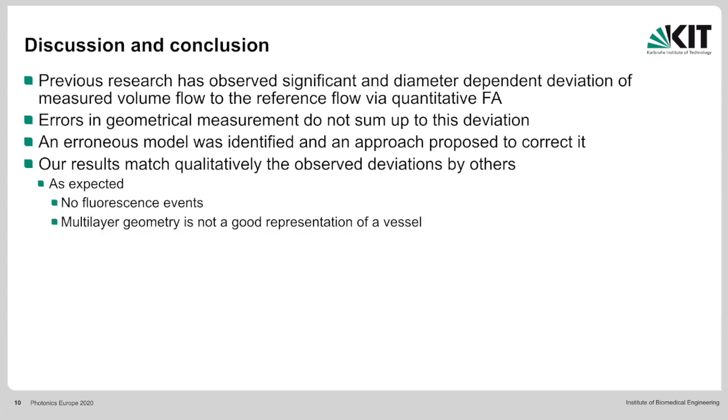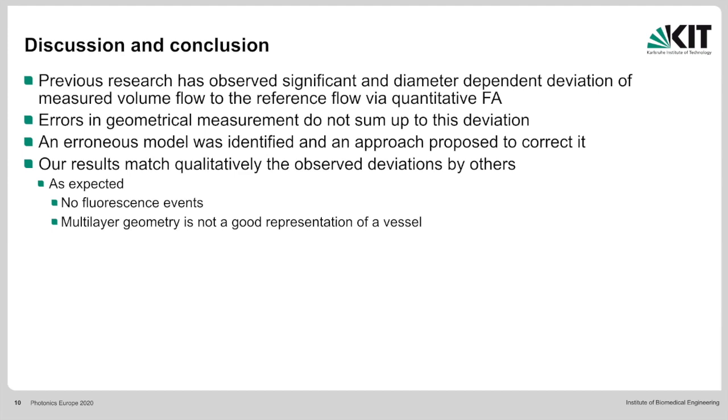Previous researchers have observed significant and diameter-dependent deviations of measured volume flow via fluorescence angiography compared to their reference flow, which was an industrial flow meter. We have identified that one source of error could be the faulty model, which we have presented at the very beginning, and we do propose an approach to correct for this error. Our results match qualitatively with the deviations shown by this group, but not quantitatively.